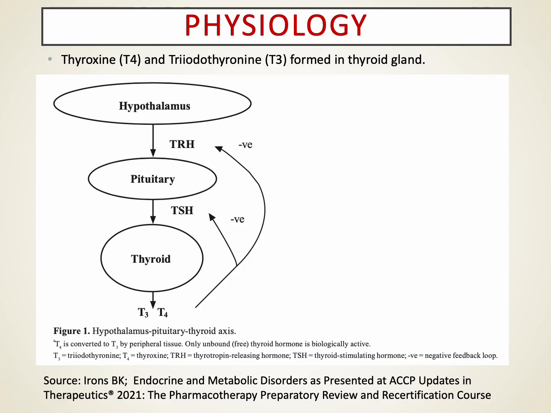So physiologically, not in the pathologic state, we see T3 and T4 formed in the thyroid, and they actually serve as a feedback loop to affect thyroid-releasing hormone from the hypothalamus to the pituitary, suppressing that, and also suppressing pituitary secretion of thyroid-stimulating hormone.